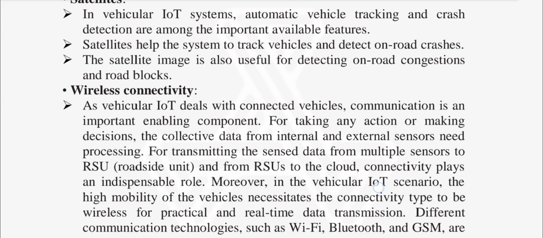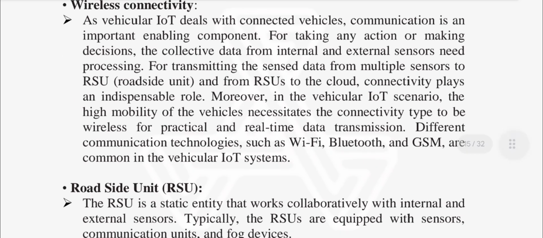For transmitting the sensor data from multiple sensors to RSUs, roadside units, and from RSUs to a cloud, connectivity plays an indispensable role. Moreover, in the vehicular IoT scenario, the high mobility of the vehicles necessitates the connectivity type to be wireless for practical and real-time data transmission.